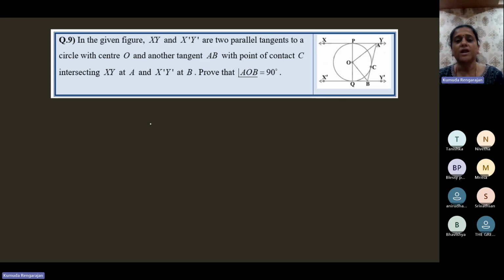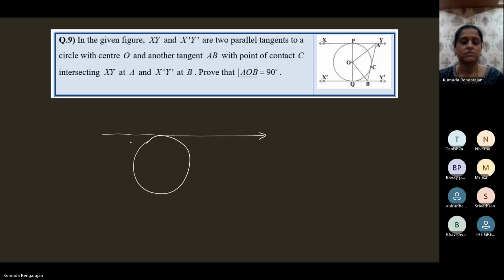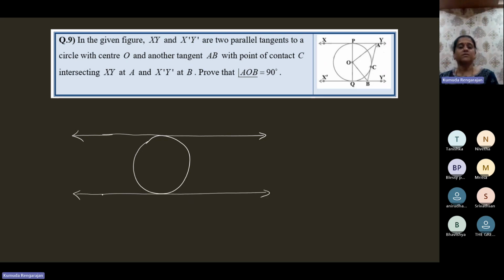XY and X dash Y dash are two parallel tangents to a circle with center O, and another tangent AB with point of contact C, intersecting XY at A and X dash Y dash at B.